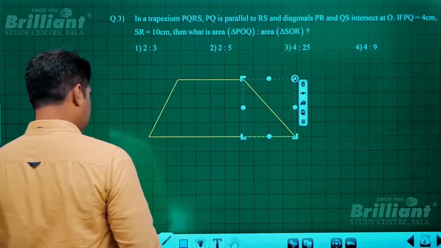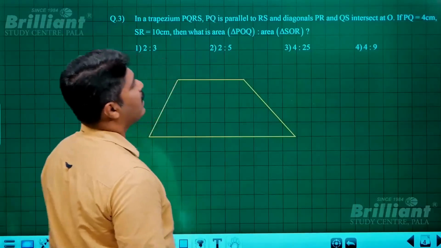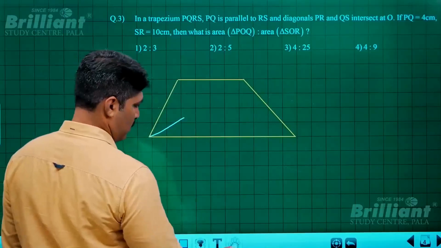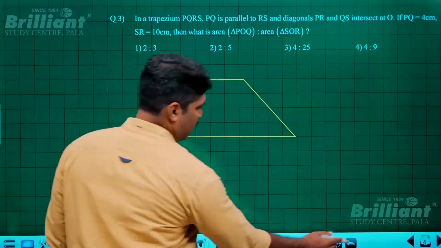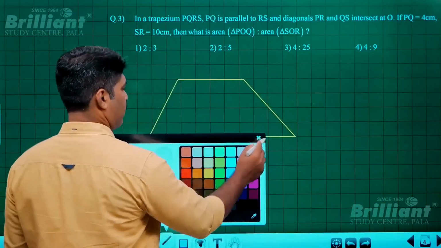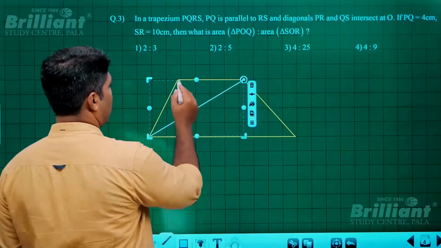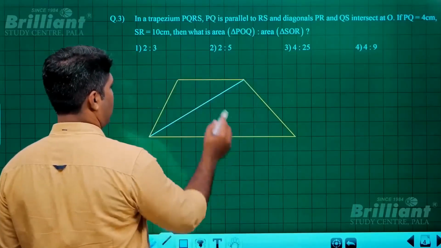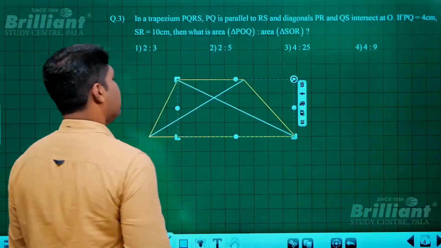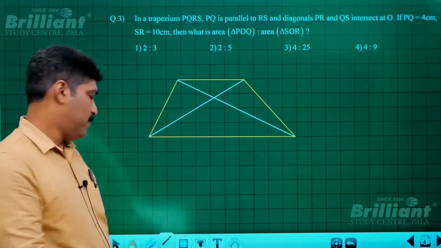And it is given that the diagonals intersect at O. So if you are considering this diagonal, this diagonal and another diagonal, they intersect at point O. Correct.